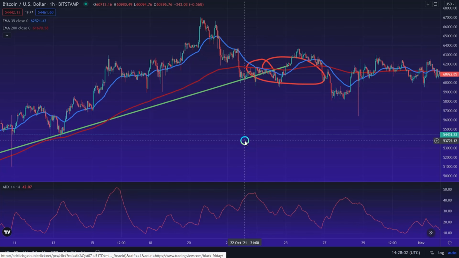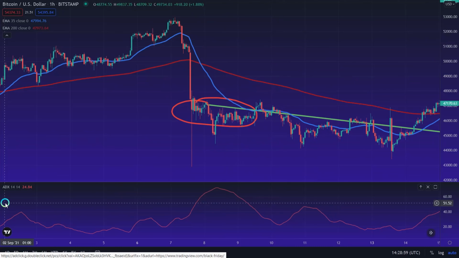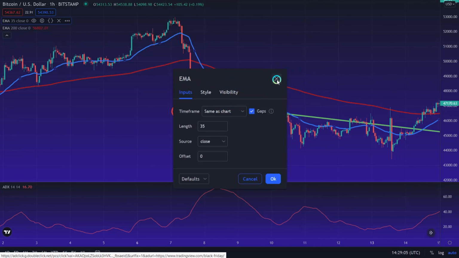Now I show you the sell entry and exit rules, and now we will be taking a look at a short trade. First of all, what we will need is two EMAs, two exponential moving averages.